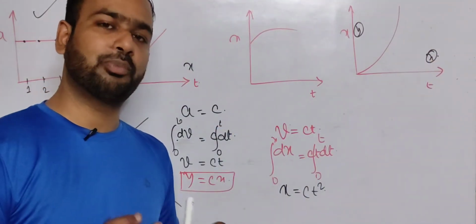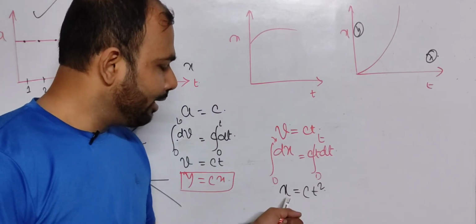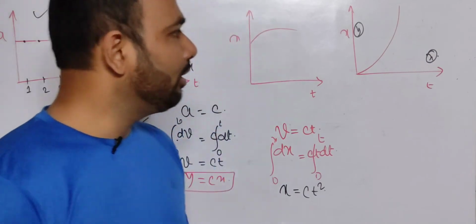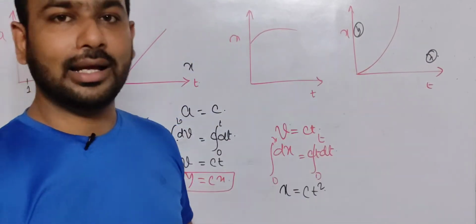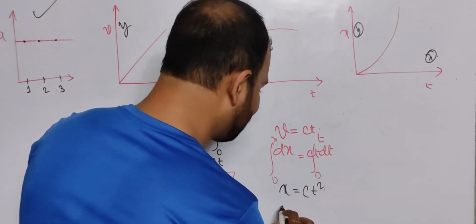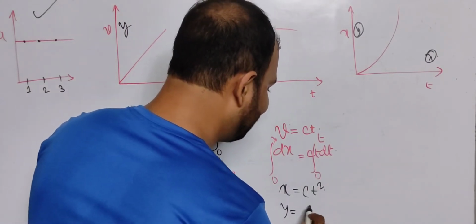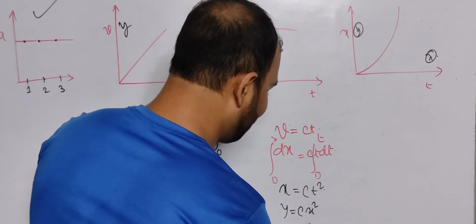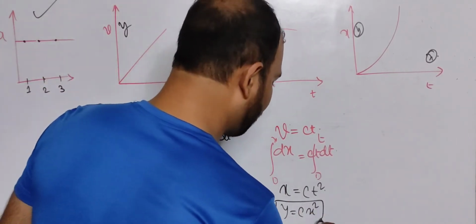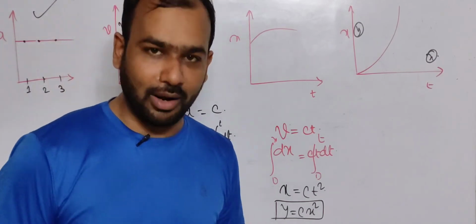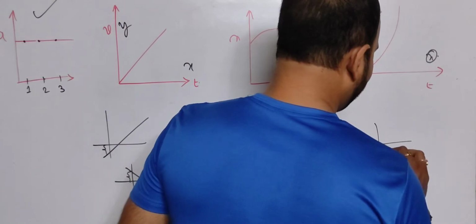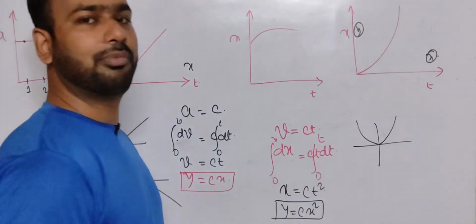The standard parabola is y square equals 4ax, or x square equals 4ay. Here on the y-axis we have considered x, so we can have some problem. So if we replace x by y and t by x, the original form is x square equals 4ay. It is the prototype of x square equals 4ay, this kind of parabola.